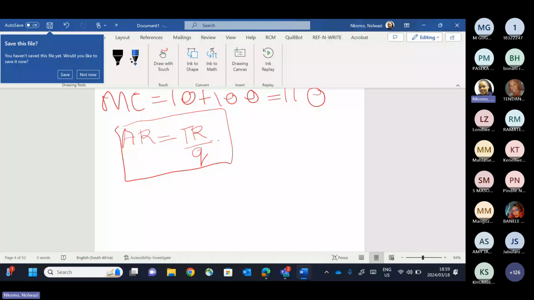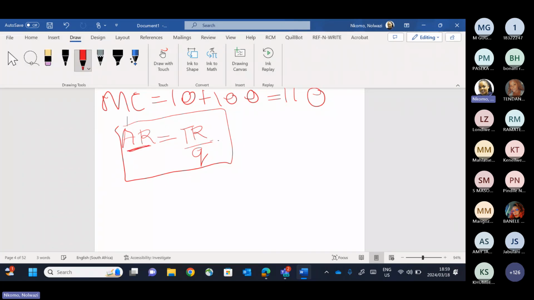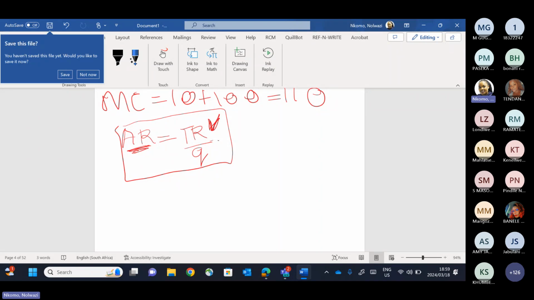From this equation, let's say we are given an average revenue and we are asked to find the total revenue. Remember, average revenue is the revenue per unit output.